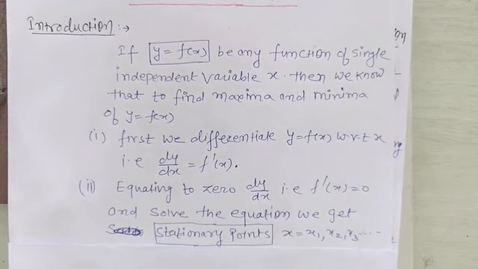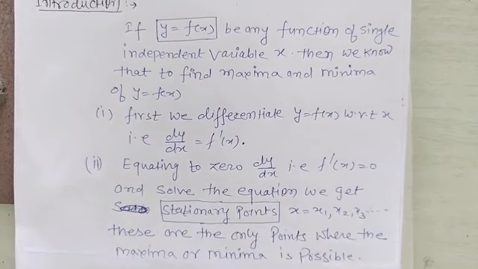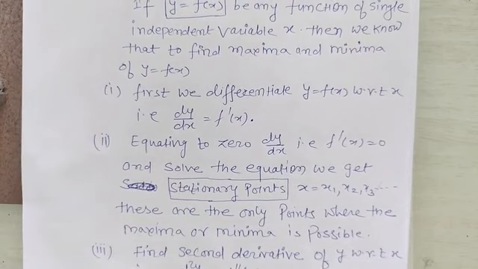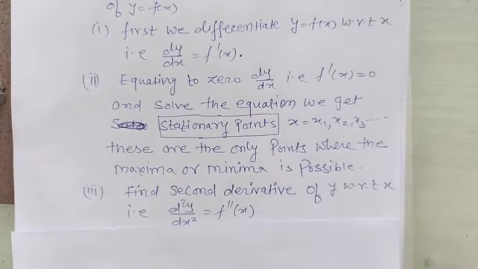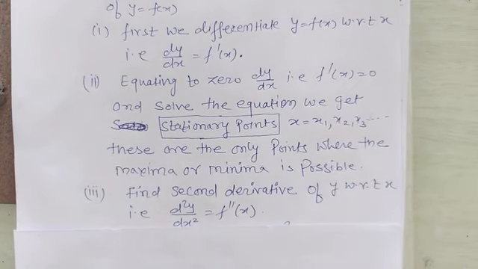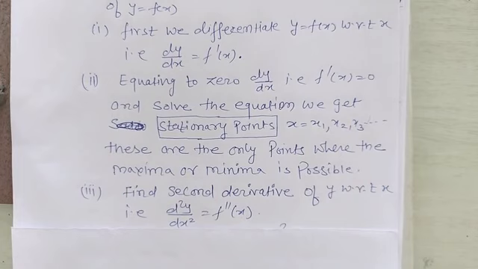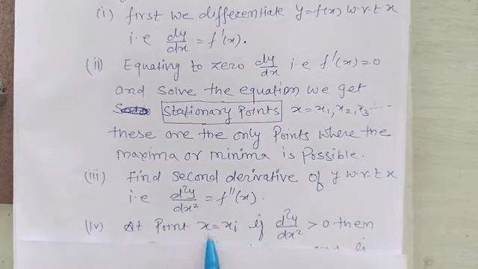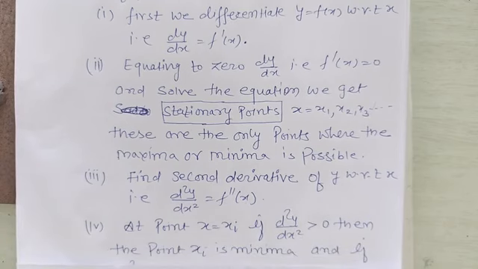For that we find the second order derivative of y with respect to x, d2y/dx2, which is equal to f''(x). At a particular point x = xi, if d2y/dx2 is greater than 0, then the point xi is a minima.